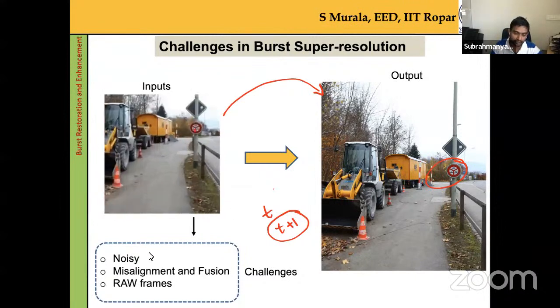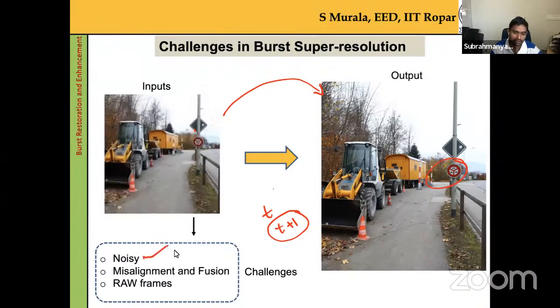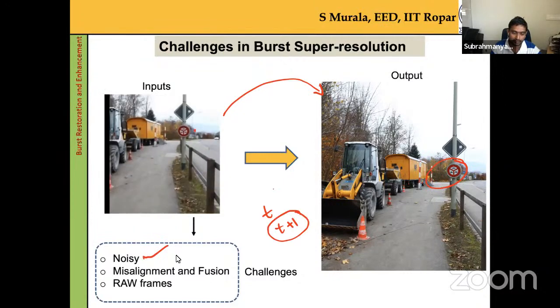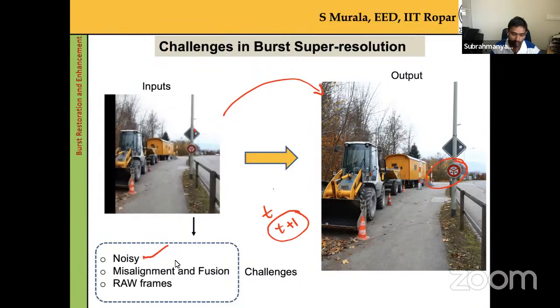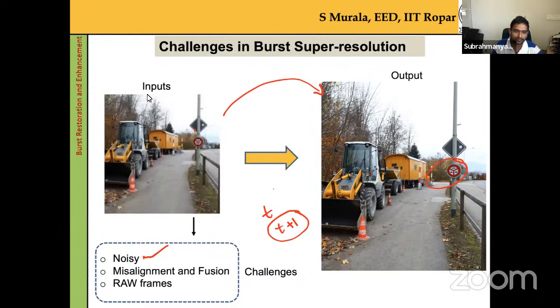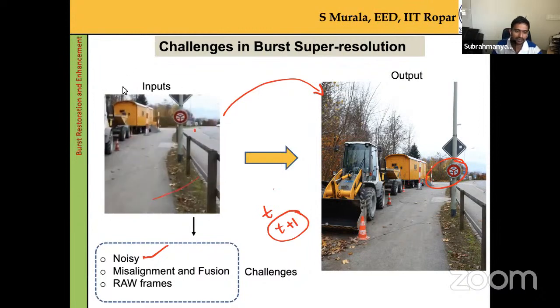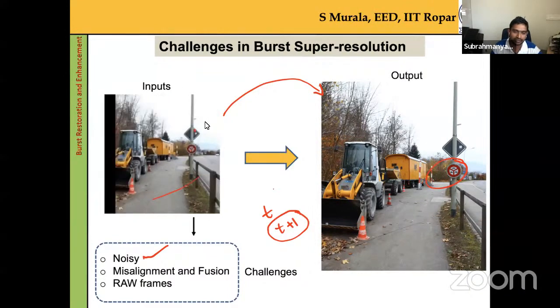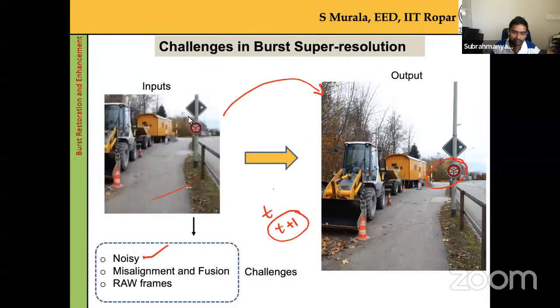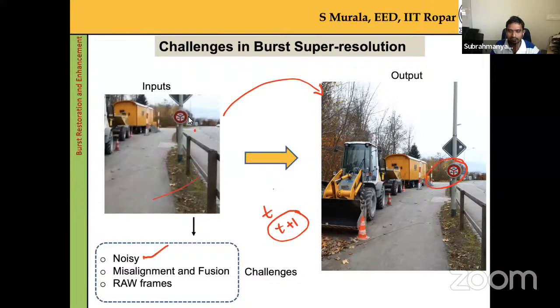Here we can also remove the noise. There may be a kind of noise that needs to be removed. At the same time, if you see, these images are all collected at different distances, and there is a misalignment in the objects.